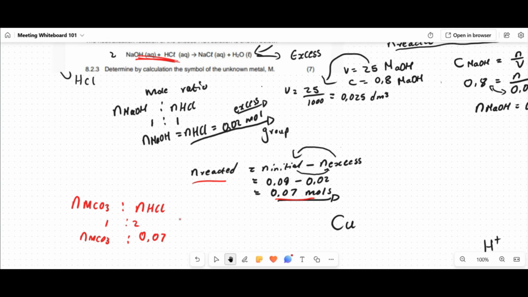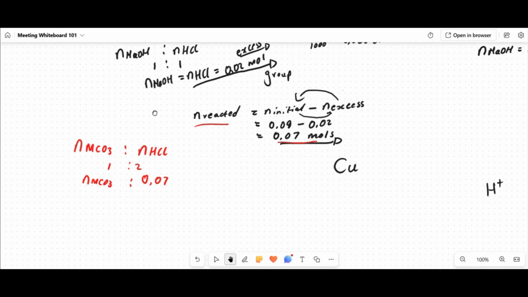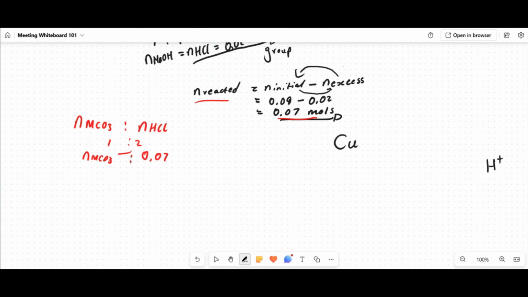0.07, right? Which means I'm going to cross multiply. And you will see that when I cross multiply here, n(MCO3) is equal to 0.07 divided by 2, because this one will remain as 1.